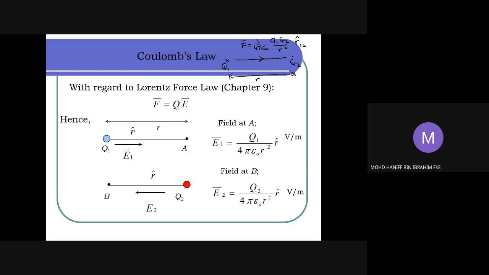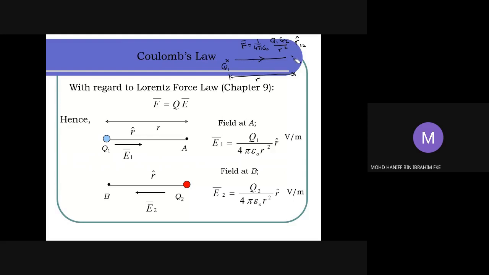Now, from this equation, for instance, I delete the charge Q2. It is the same point, but we assume that there is no charge at this particular point.